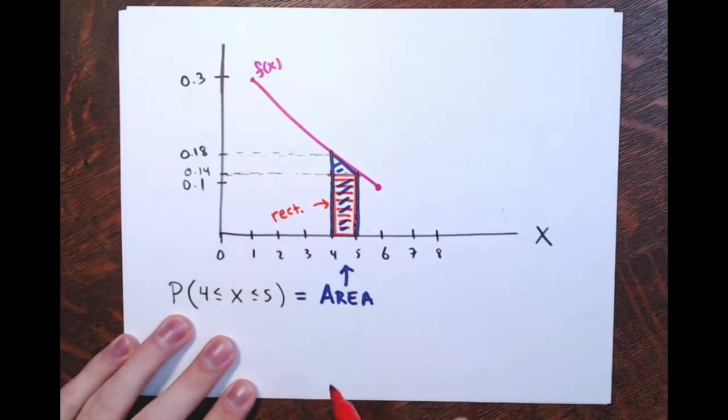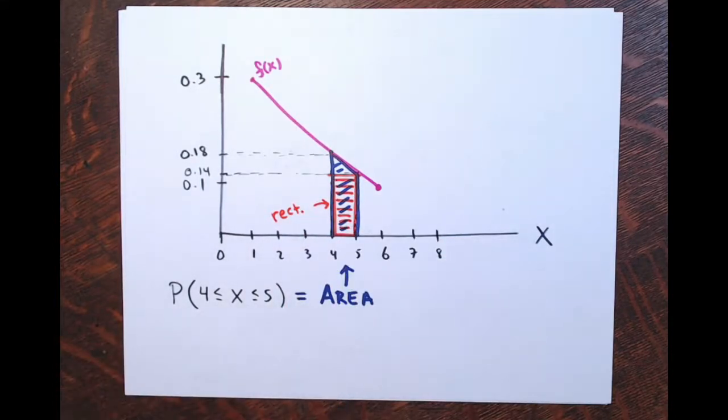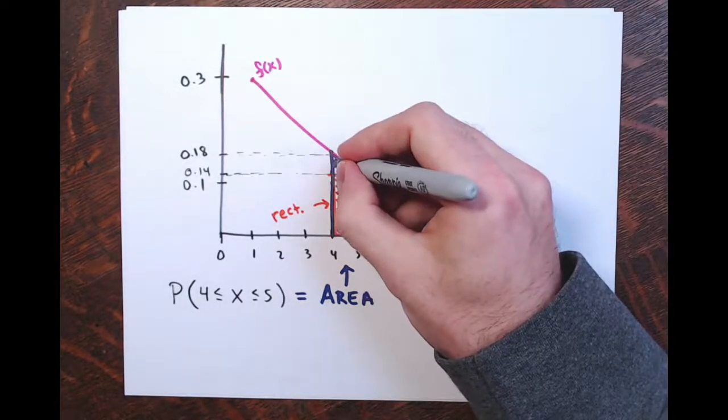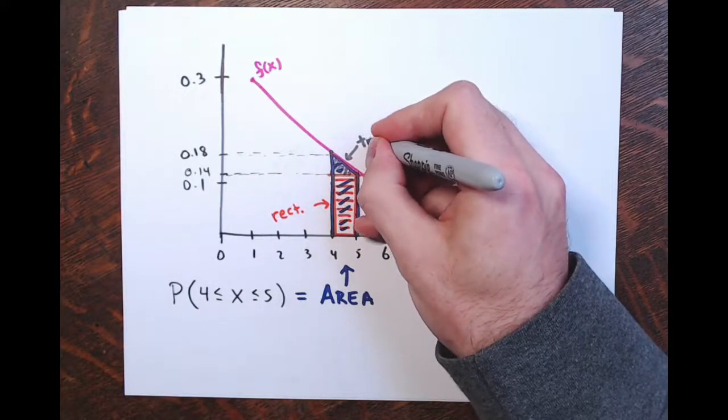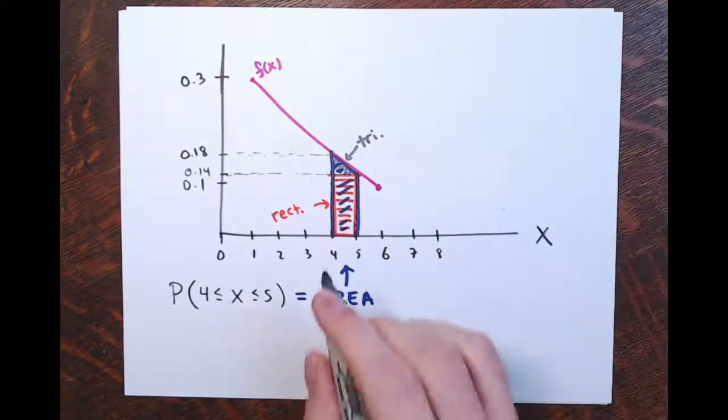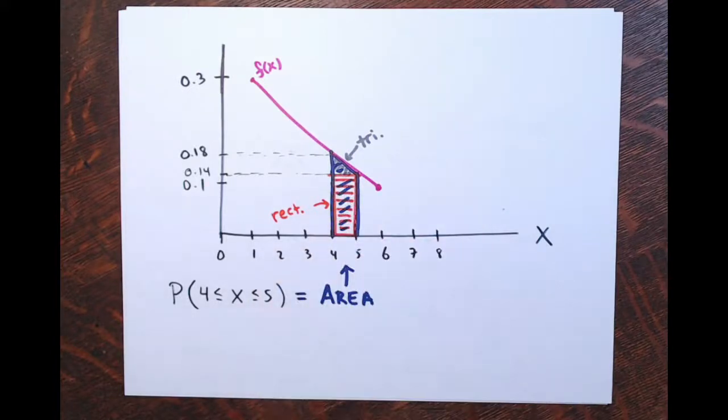I'll put RECT. And above that, the other part of the area I haven't shaded is a triangle. I'll shade this in gray, and I'll put TRI for triangle. So you have a rectangle shape and a triangle shape that make this up.